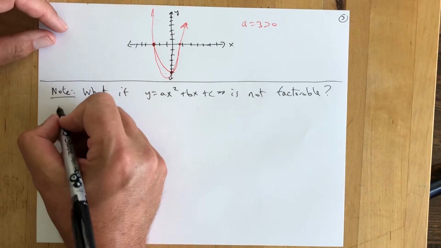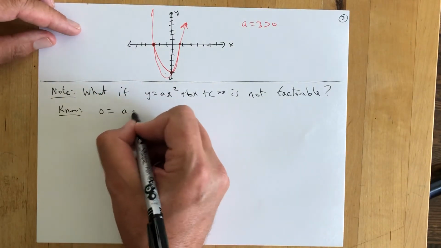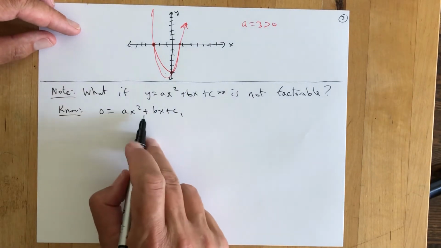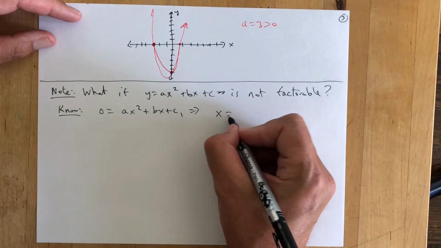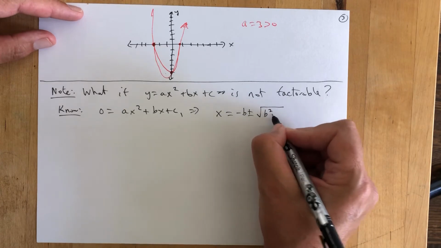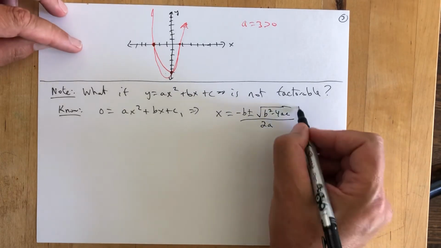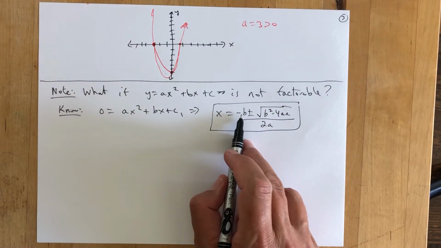Well, we know that if you want to solve the equation 0 equals ax squared plus bx plus c, which is code for saying we're looking for the x-intercepts, by the quadratic formula, you get this. This gives you 2 points, and those are the x-intercepts.